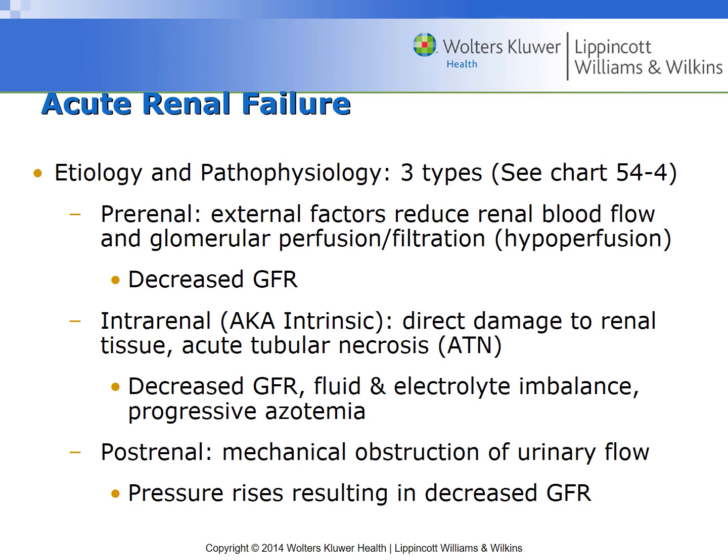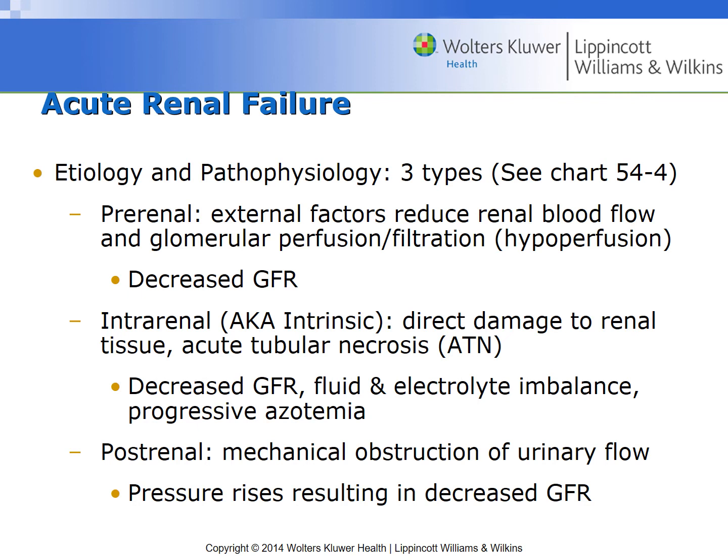Typically, the pre-renal and the post-renal types are quicker to resolve if those problems are identified, versus the intrarenal. Because once we have direct damage to that renal tissue, you can't turn it around.